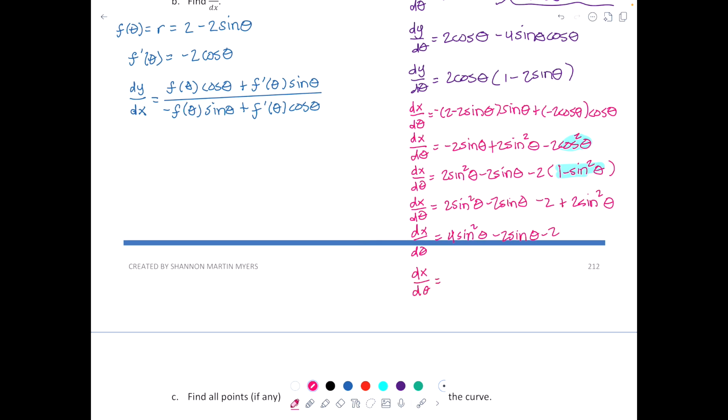So I'll have 2 times 2 sine squared theta minus sine theta minus 1.